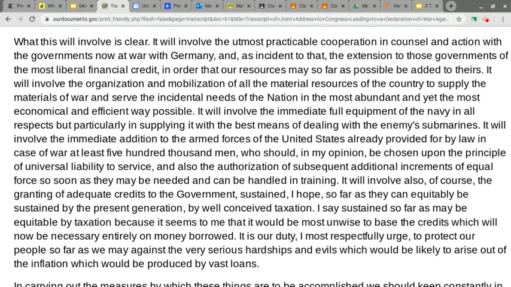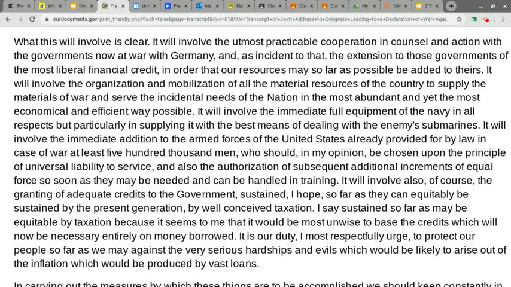It will involve the immediate addition to the armed forces of the United States already provided for by law in case of war of at least 500,000 men, who should, in my opinion, be chosen upon the principle of universal liability to service, and also the authorization of subsequent additional increments of equal force so soon as they may be needed and can be handled in training.